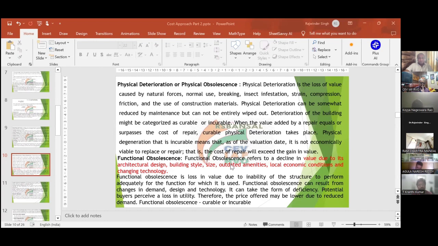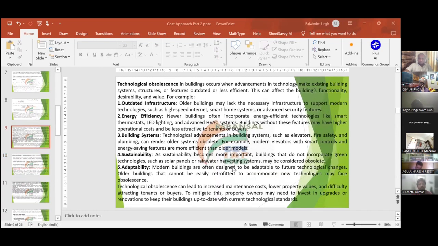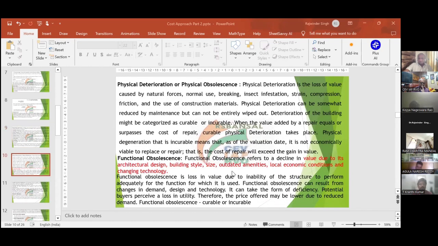So, though it is difficult to stop technological obsolescence, we can reduce physical deterioration, with maintenance of the building, upkeep of the building from time to time. And third type of obsolescence is functional obsolescence.